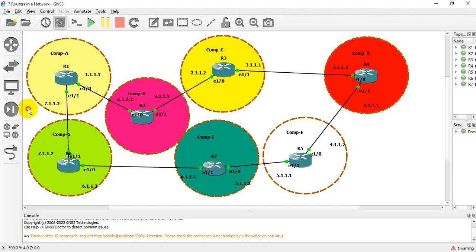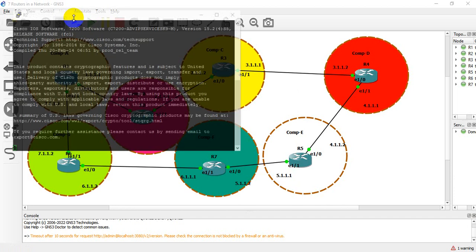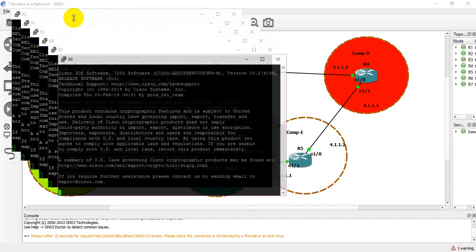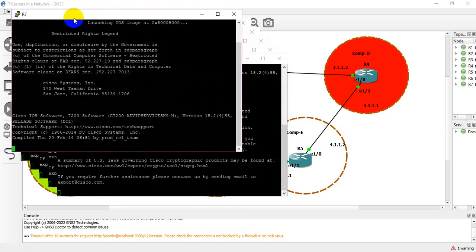So in this project we will communicate 7 different companies' networks. It would be a large task. So let's try. Click on this button, which means we are taking console.